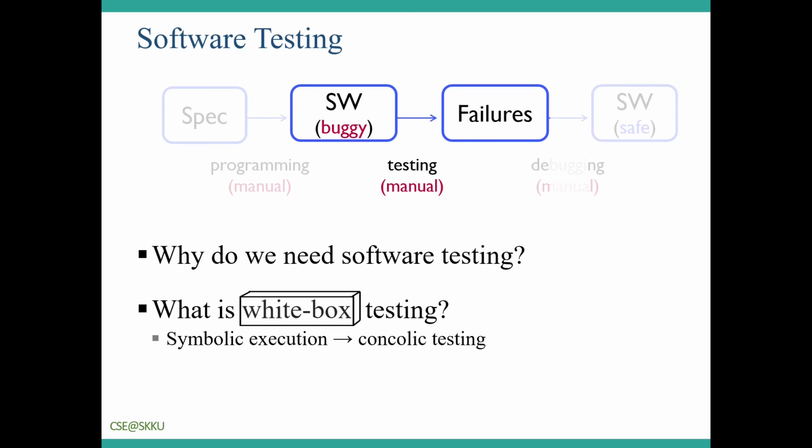I will start by briefly explaining why software testing is necessary, to motivate the need for it. Then I will introduce white box testing with a focus on symbolic execution, more specifically concolic testing. Alright, so let's begin with the necessity of software testing.